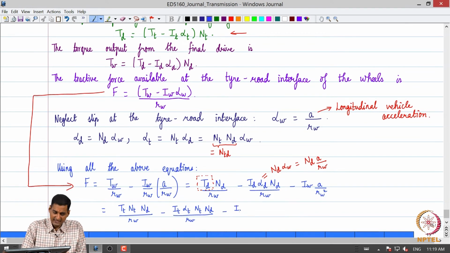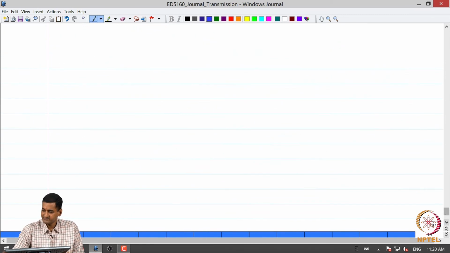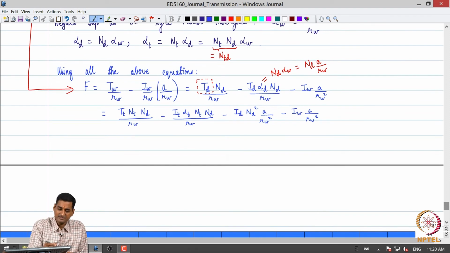This becomes Id Nd squared A divided by Rw square, right. So, this term, once I substitute alpha d to be Nd A by Rw, we will get this equation, and Iw times A by Rw square remains as it is, right. So, that is what we get.